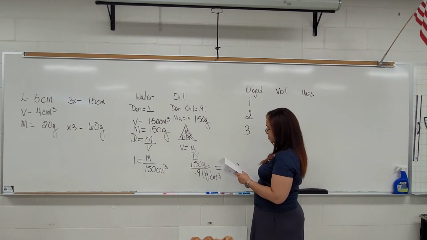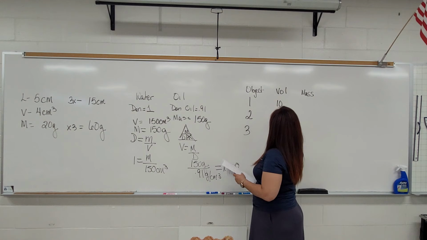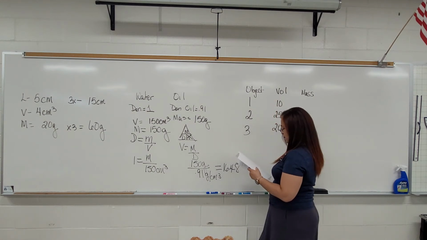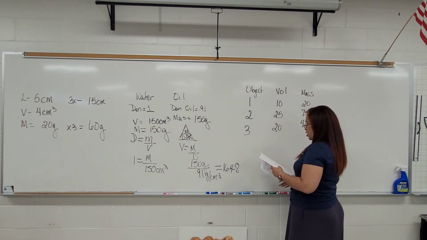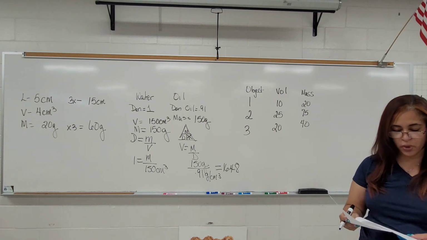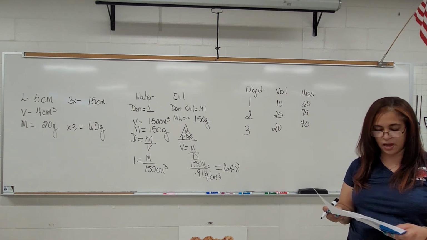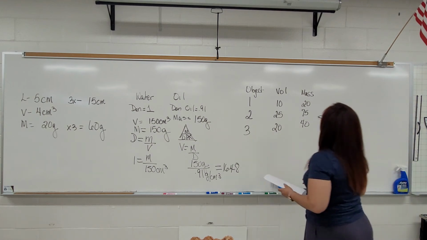The volumes are 10, 25, and 20, and the masses are 20, 75, and 40. The question we're looking at here is which blocks could be made of the same material.